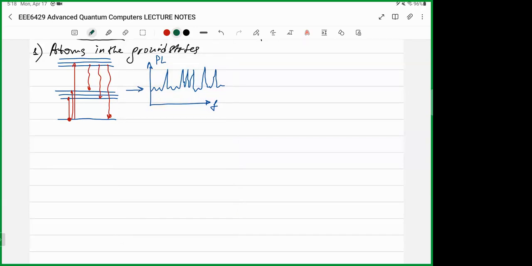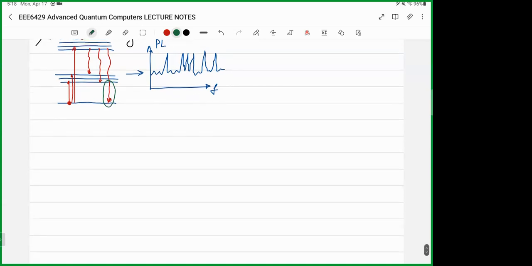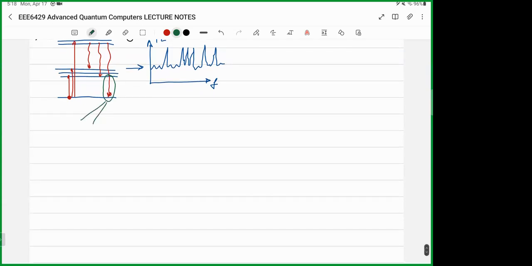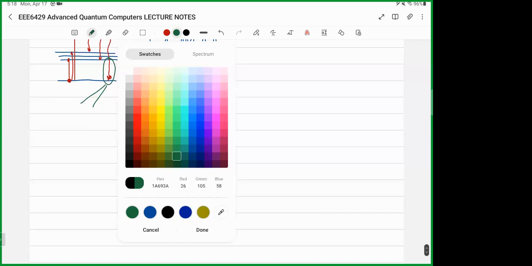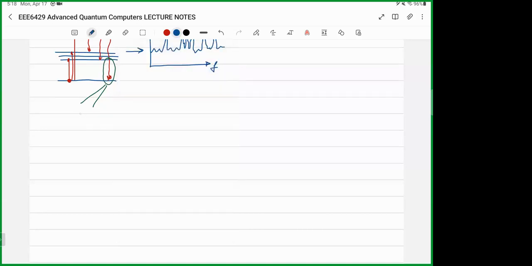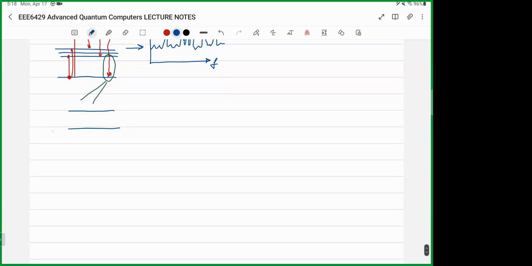A laser is typically a light source with a very narrow spectral width, so we can select, for example, two levels like this and use these two levels as a two-level system. Here I zoomed in on these two levels, and I can denote this level as, for example, state 0, and this one state 1.